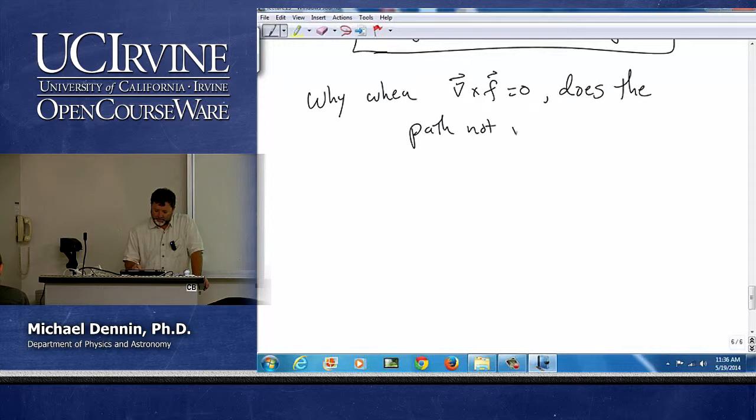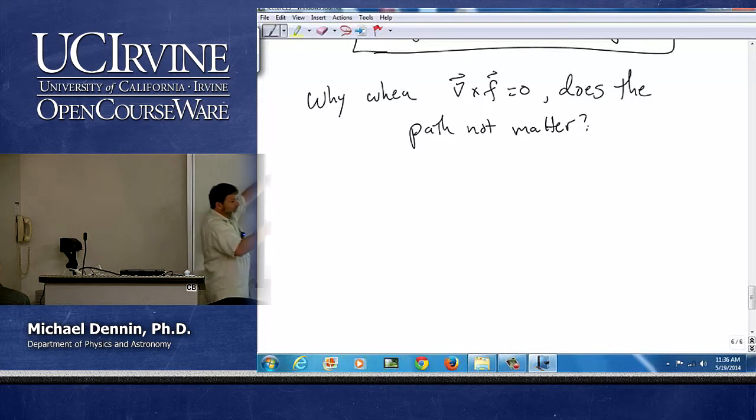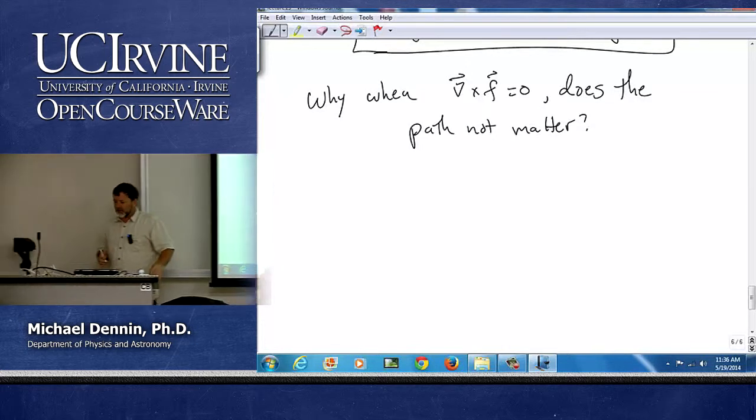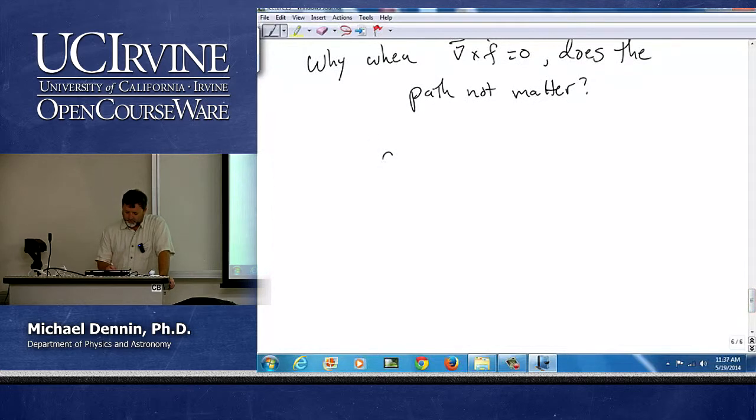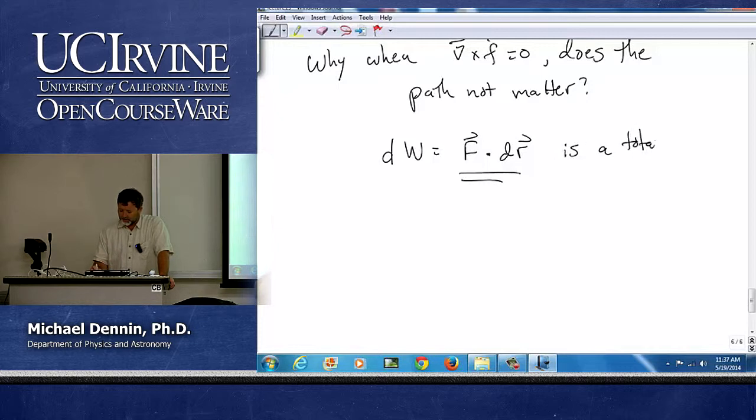And again, we're going to do the full proof later on in a different lecture, but I want to motivate right now a key feature. And the fundamental idea is that this object, when the curl of f is 0, is a total differential. This is a key idea.